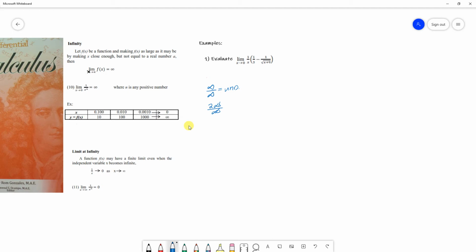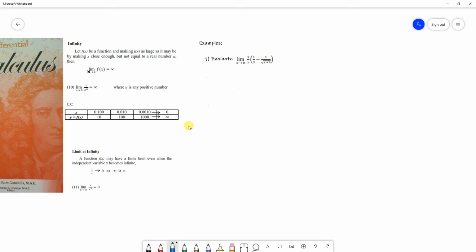Kaya, ang sagot ay still undefined. Pero again, hindi pwede tayong magkasagot na undefined sa limits. We have to evaluate the infinity in limits. Okay, so now, proceed tayo sa examples.